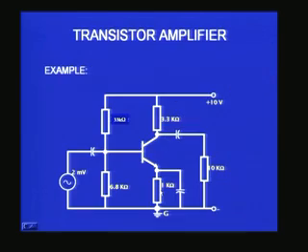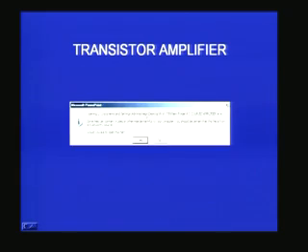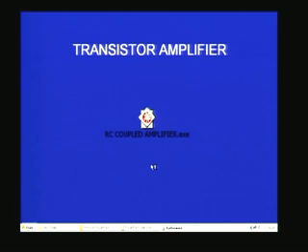Therefore I will get a reasonably good amplifier. I have taken a simple example where I have put 33 kilo ohm, 6.8 kilo ohm, and 3.3 kilo ohm as the load and 1 kilo ohm as the RE, and with this we will just try to see whether there is an amplification. We will quickly go through a simulation experiment.